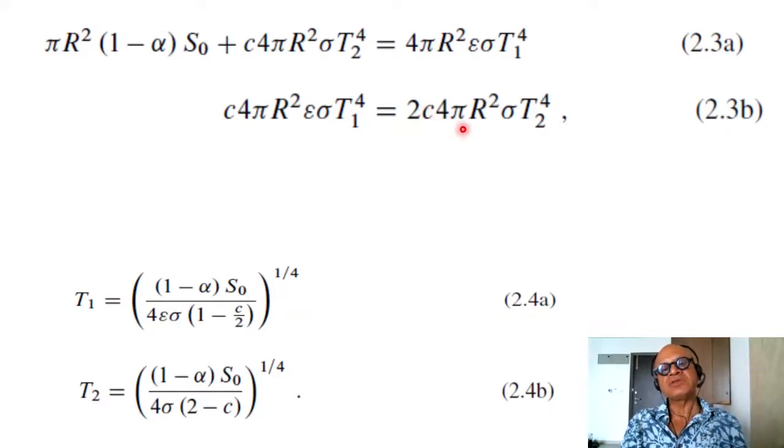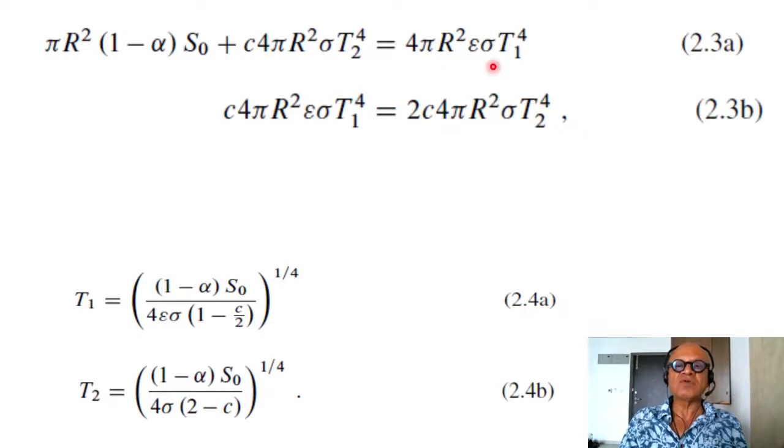So 2 times c times 4 pi r squared times sigma T to the fourth. So that's the amount of energy that is being emitted by the cloudy fraction of the area of the atmosphere, because the rest of the energy is escaping to space.